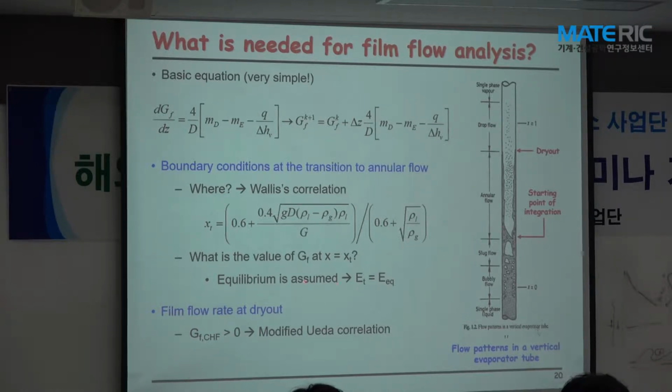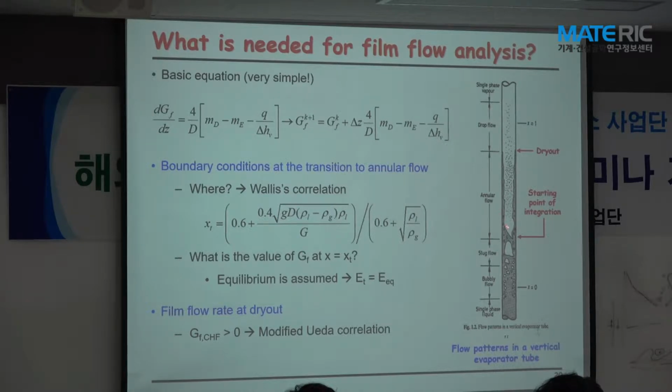And at this time, I assumed that the entrainment fraction at the transition is equal to the equilibrium situation. I don't know if this is okay or not. But how can you measure how much liquid is droplets here? It's experimentally very difficult.